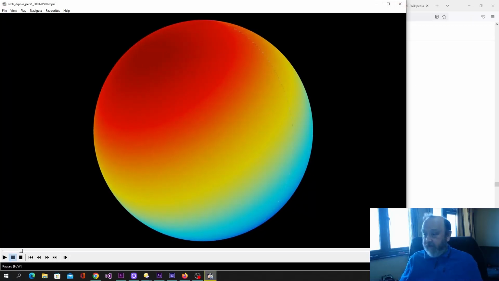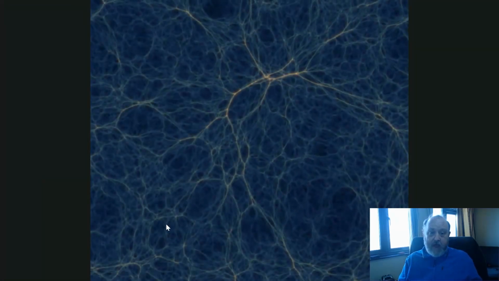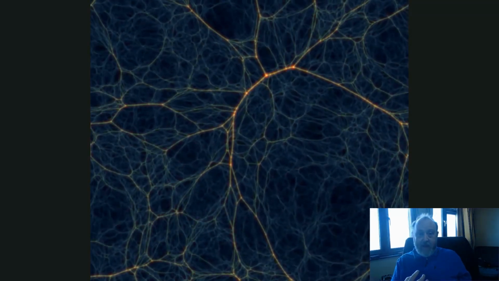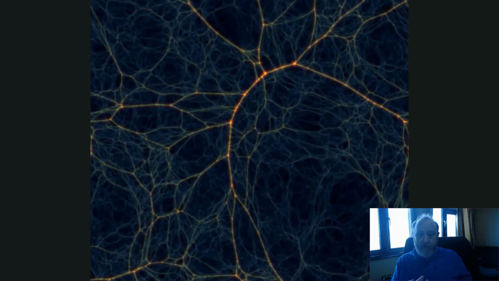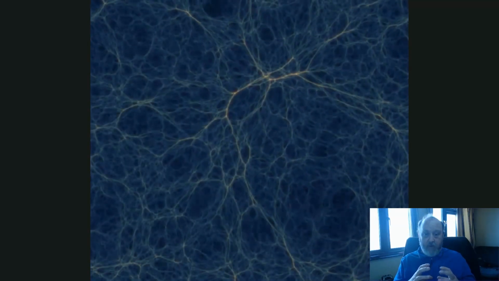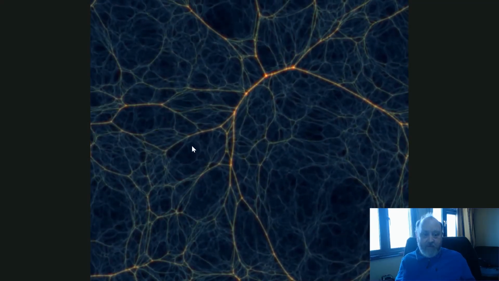On top of this, we need to add: how do voids form according to the Lambda CDM model? How do these volumes of dark energy, of which the local group is one, form, when it talks about wispy filaments within it?